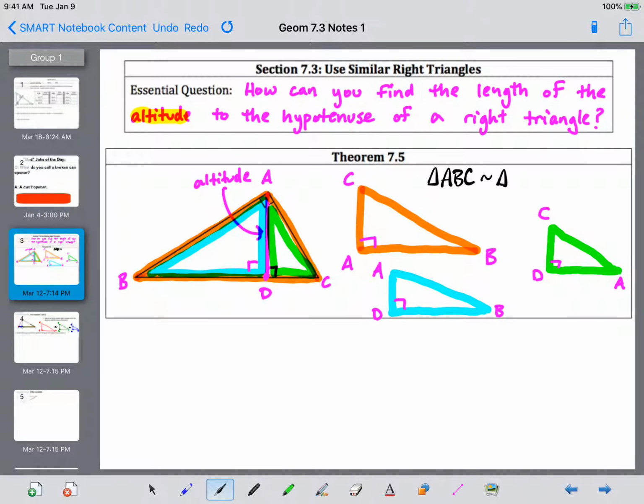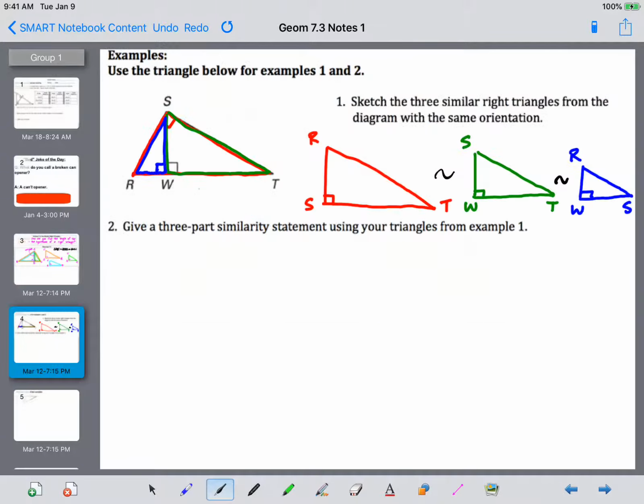Again, we do that in the same order, triangle DBA, which is similar to DAC. The corresponding angles do have to match up when you're writing your similarity statement. So redrawing the triangles will help us do that.